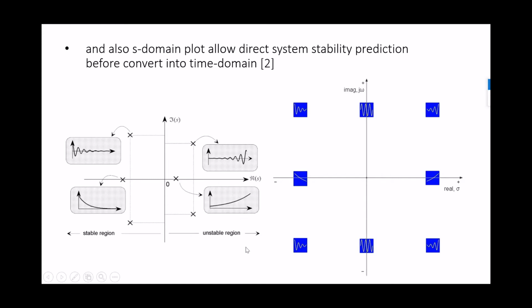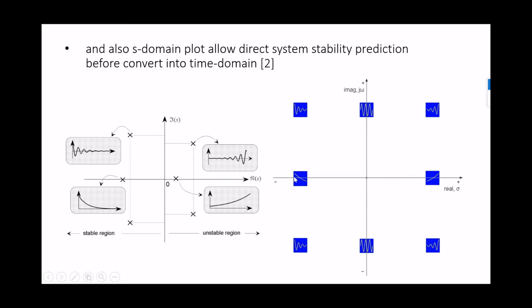The right hand side is the unstable region, and the left hand side is the stable region. This S-plane graph lets you understand how the system behaves if I use a unit step signal as input.